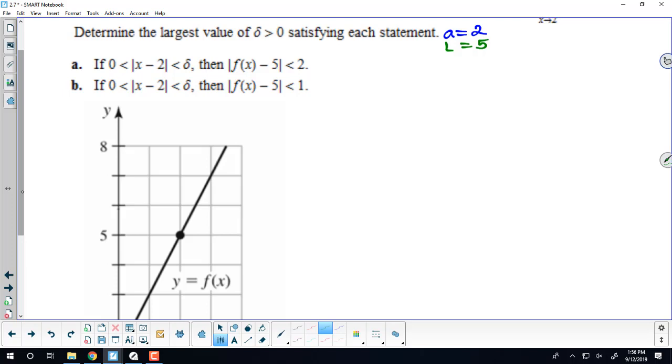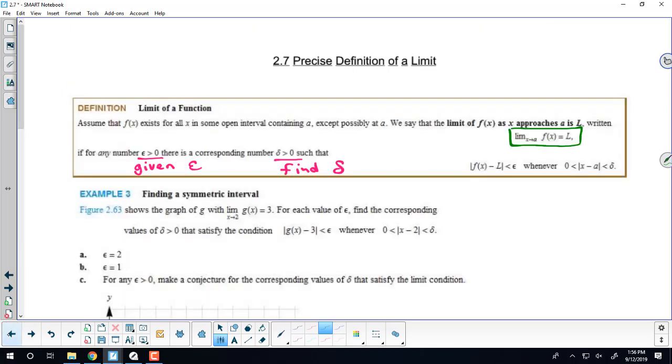So they've actually given us the epsilon. Remember the statement that involves the absolute value of f of x minus L being less than some number. That number for us in that example is 2. That means our epsilon is given to us as 2. How do you write epsilon? Just like a backwards 3? Yeah, it's tiny.